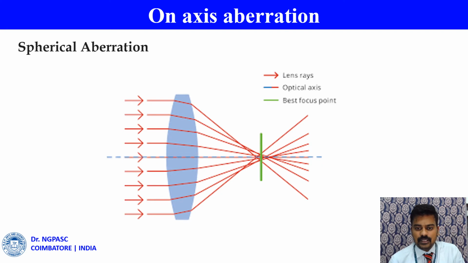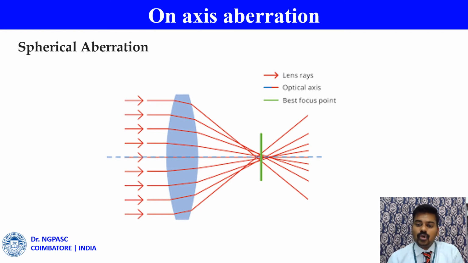For example, you can see here the light passes through the lens, but it can't converge at a single point; it diverges to many points. So we can't see the object in a proper manner. It's somewhat blurred.